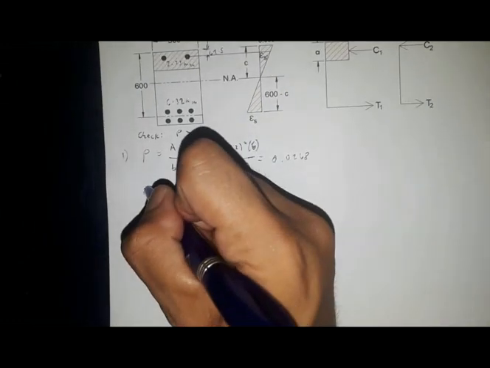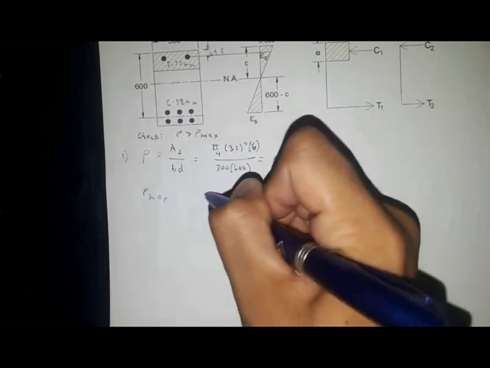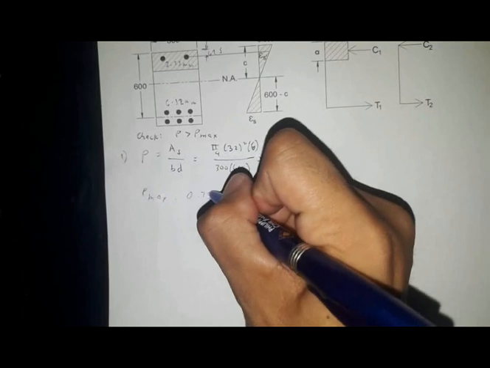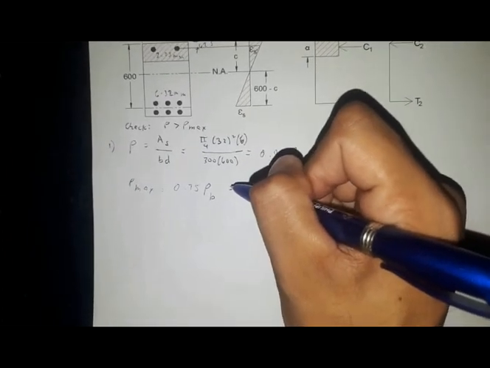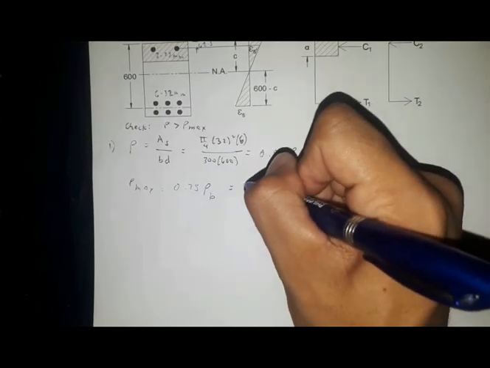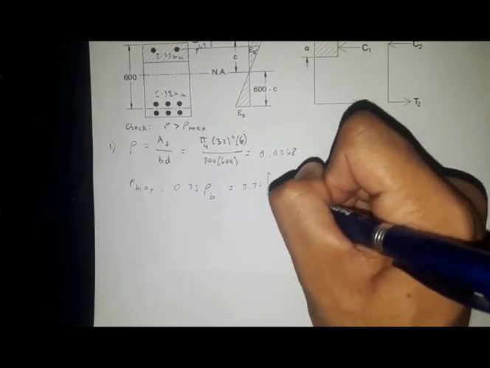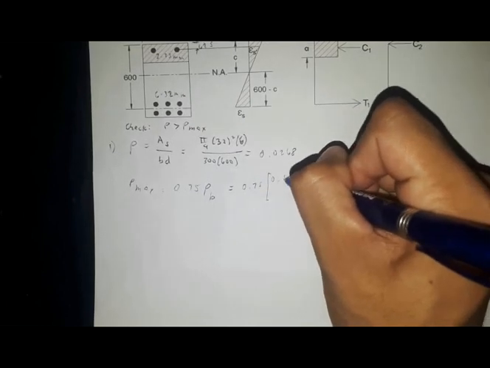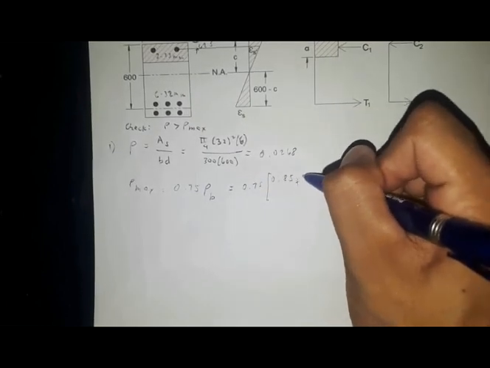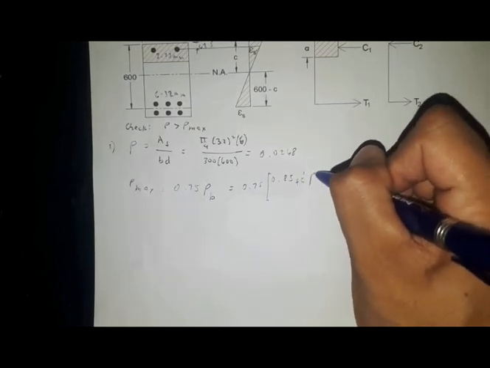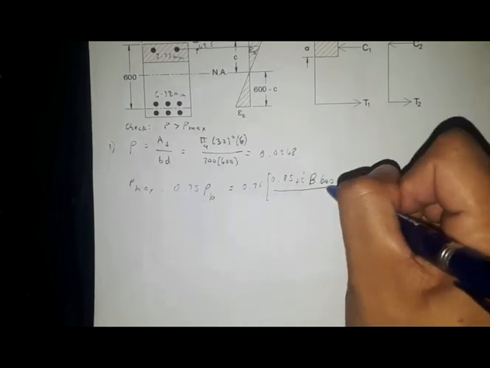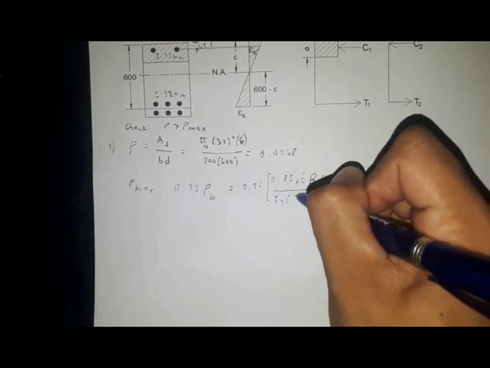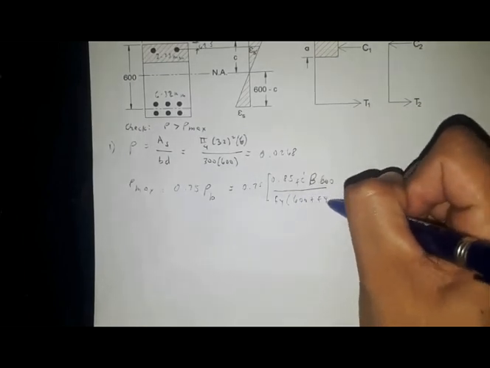So, rho maximum is equal to 0.75 of rho balance. So, that will be 0.75 multiplied by 0.85 FC prime beta times 600 over Fy times 600 plus Fy.